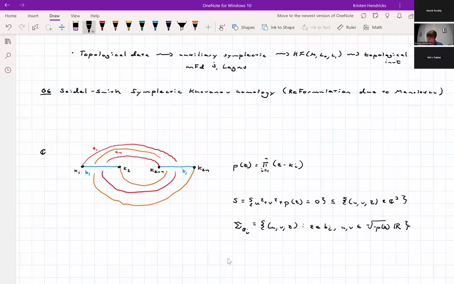Just in terms of the space S, above any random point, I have a little surface. Above an endpoint, I have a singular surface.